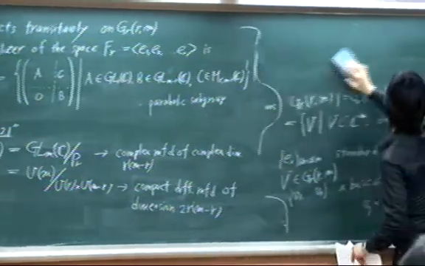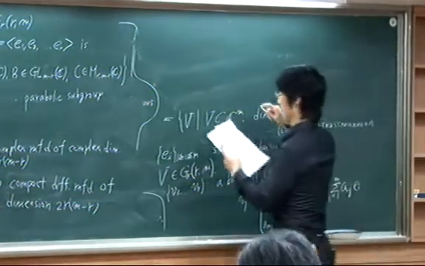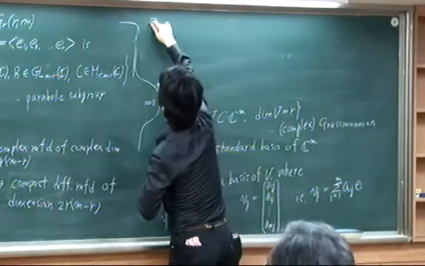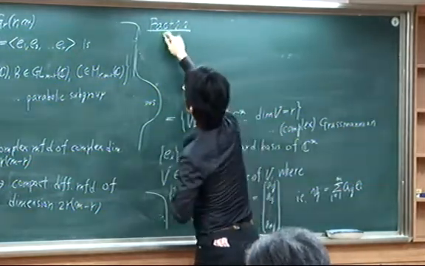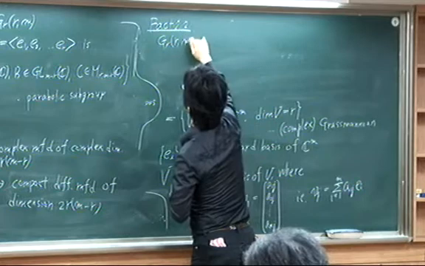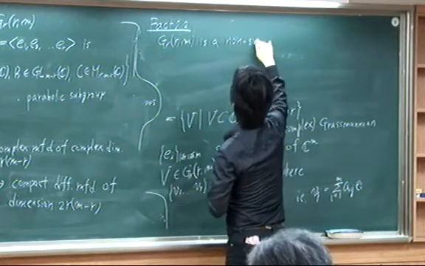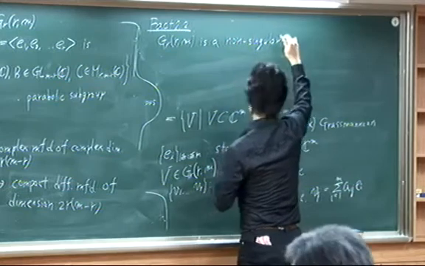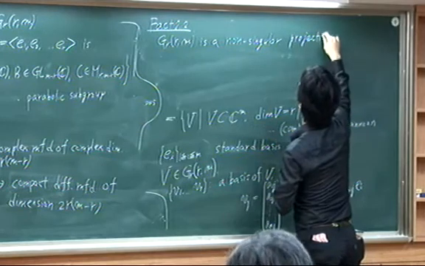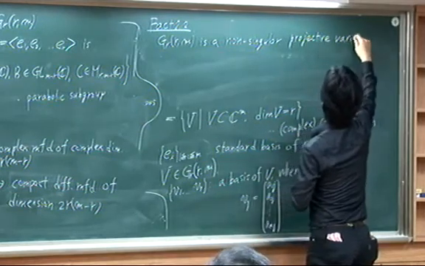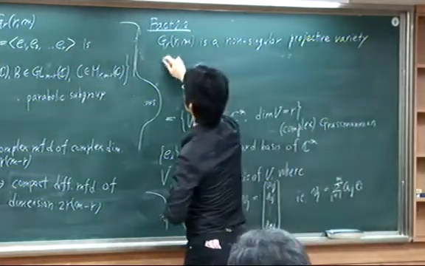And I want to mention another special feature of the Grassmannian. The complex Grassmannian is a non-singular projective variety of complex dimension r(n minus r).